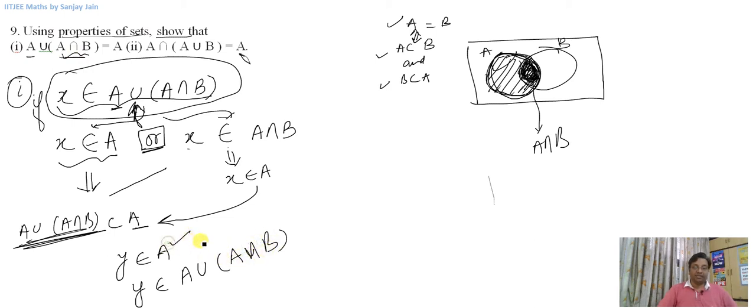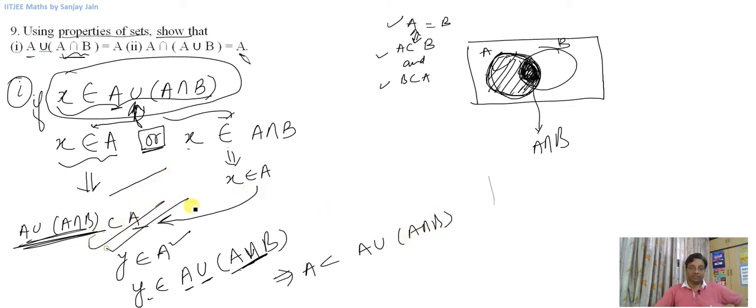So Y belongs to A union A intersection B. That means A is a subset of A union A intersection B. I hope these two conditions are sufficient to show that the left hand side is equal to set A. If I can show these two things, I can show the required statement.